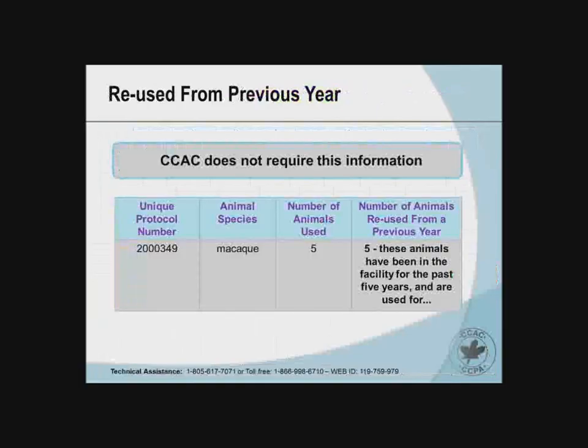But we've included this column because a number of institutions are keen to ensure that we are aware that the animals being reported are not new animals. So in order for you to be able to explain this to us, we've left the opportunity for comment in the final box. So you can see here that 5 macaques were used in this protocol, but they have been in the facility for a number of years.